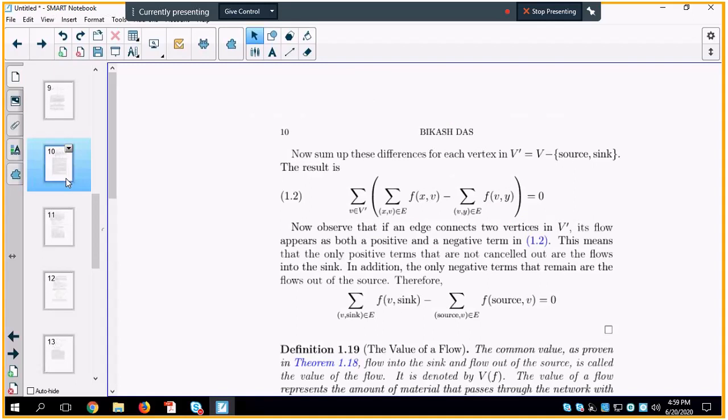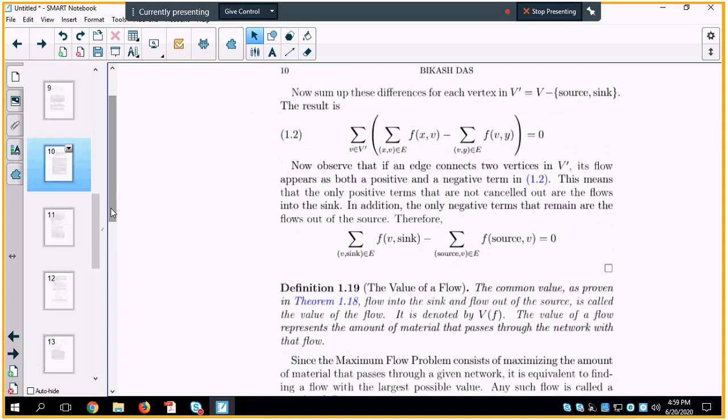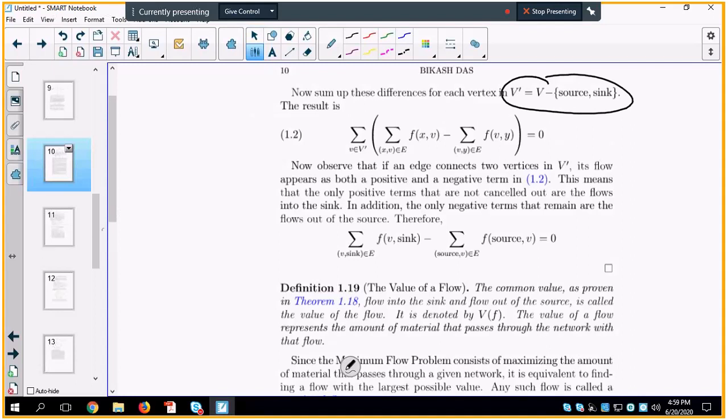Now, since that's true for every V, that the flow out of V minus the flow into V is equal to 0, the result is that if we sum this up over all of the vertices except the source and the sink, all of the intermediate vertices, then the sum is still 0.